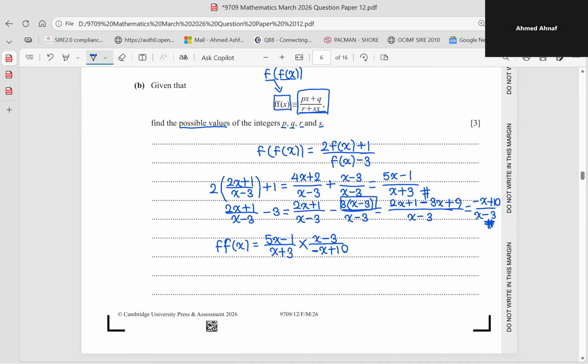Okay, well, let me see if everything's correct. It seems like it is. Seems almost correct.